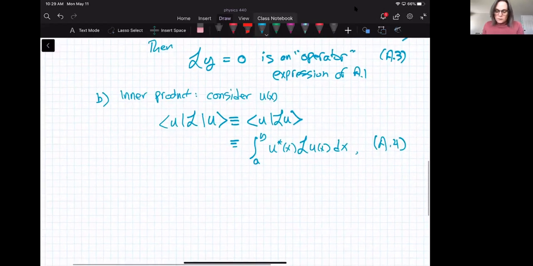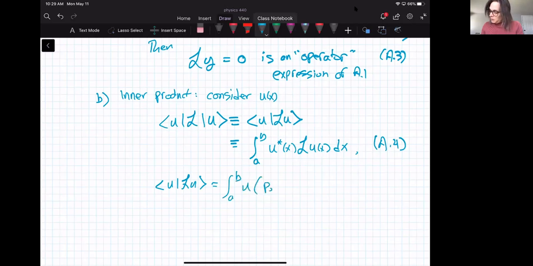Or in other words, u L u is going to be equal to the integral from a to b of u and then p naught u double prime plus p1 u prime plus p2 u dx.